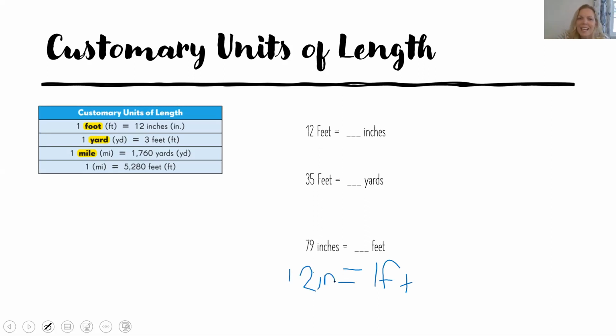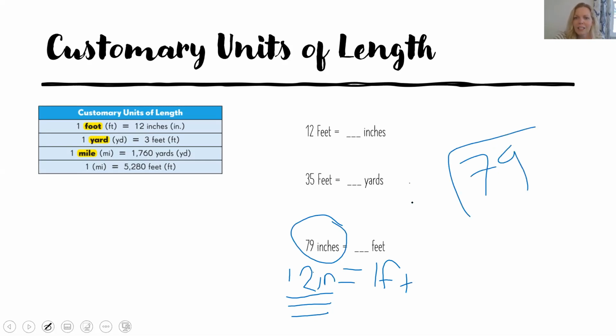In this case, it's asking us about 79 inches. So can't I just solve 79 inches divided by 12 inches will tell me how many feet there are? Yeah, that's the math that you can do. So 79 divided by 12.